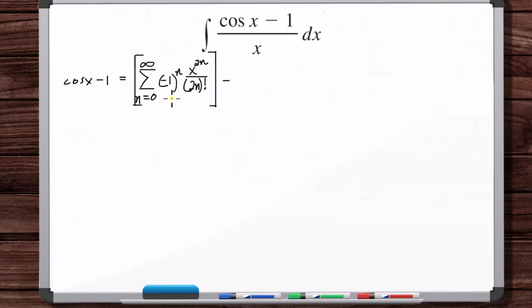So all we need to do here is this. This is the cosine of x series, but with the 1 at the beginning taken out. That's perfect. Now let's divide both sides by x.